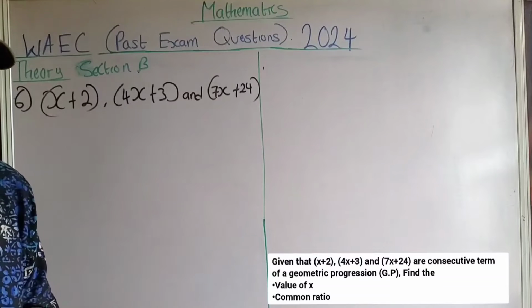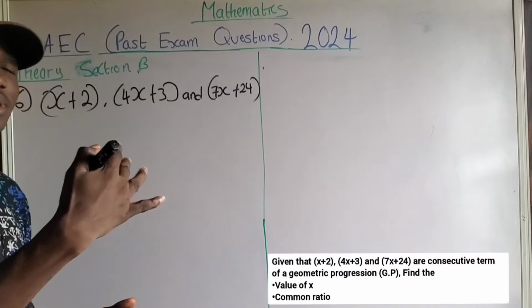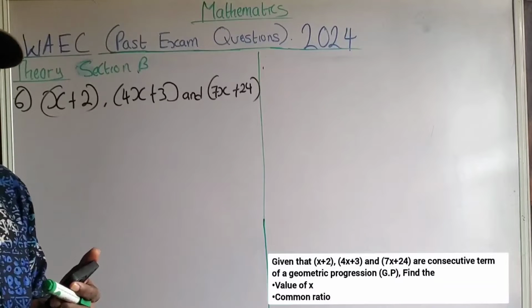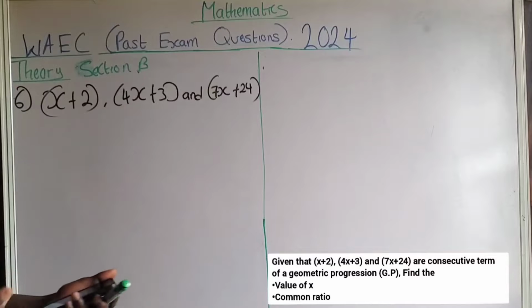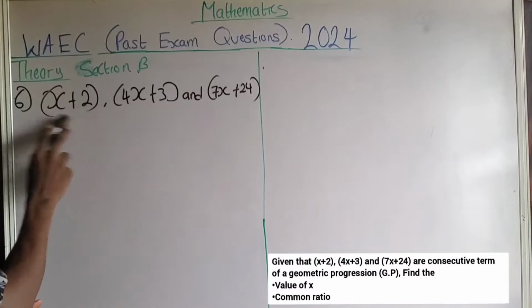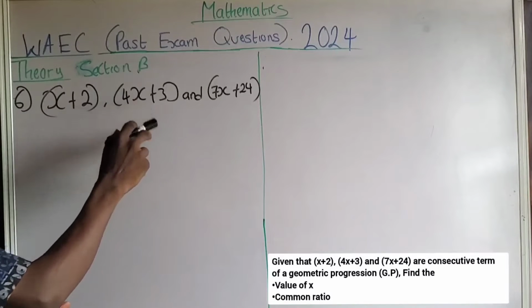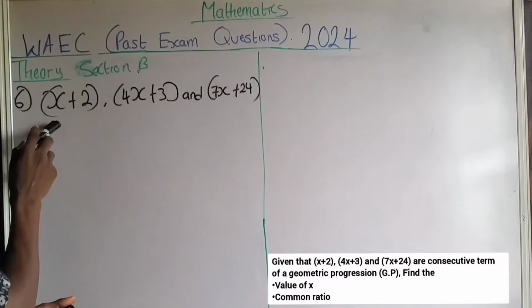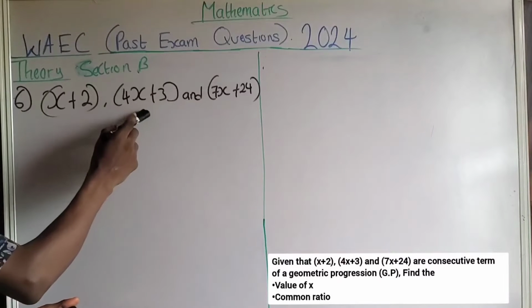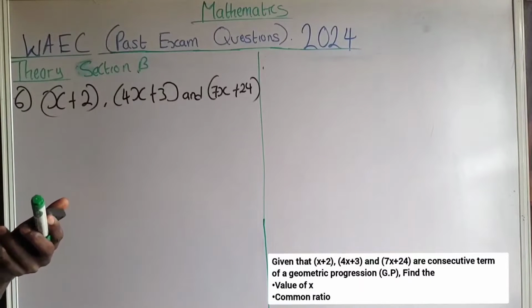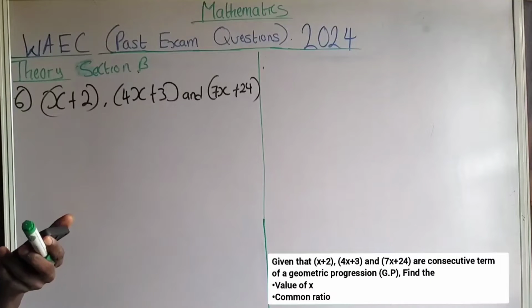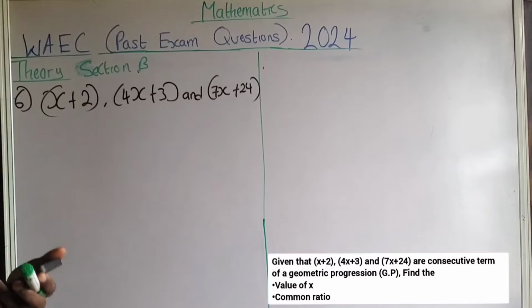After the first term, which term comes next? That's the second term, right? Let's assume this is the sixth term. This will be the seventh term and this will be the eighth term. That is the explanation of the word. When you hear the word consecutive, it means that the terms follow each other.